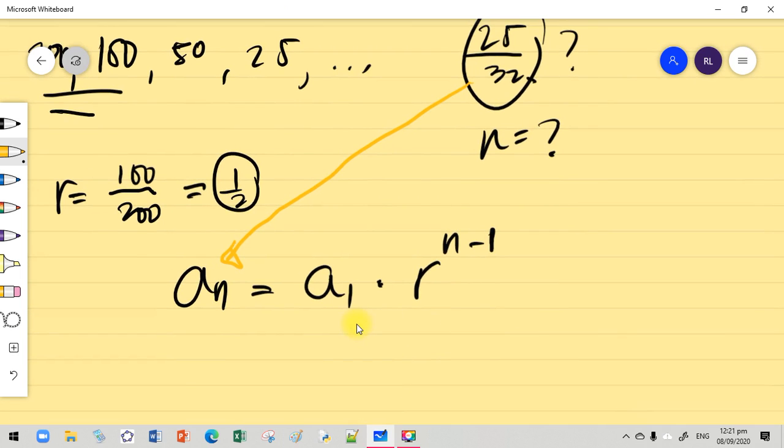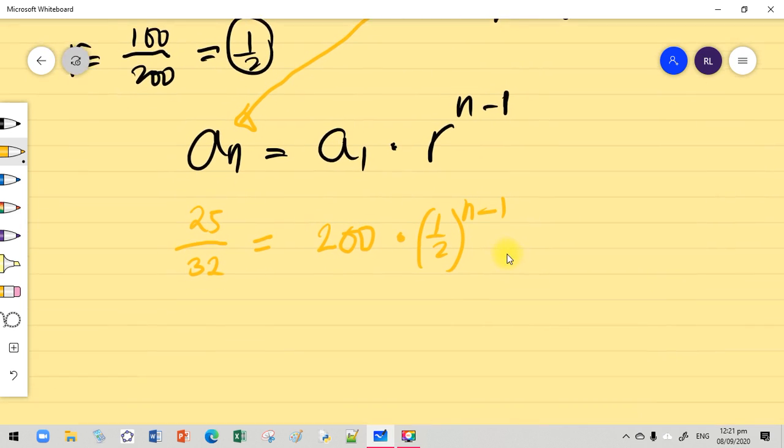We have 25 over 32, and a sub 1 is 200, times, we know that r is 1/2, and our problem is n minus 1. Oh, this is a little bit challenging.